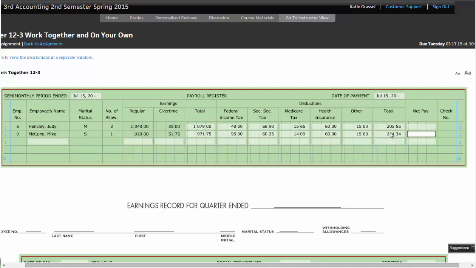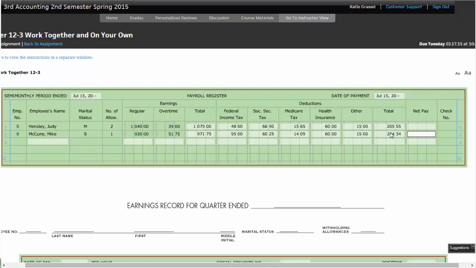I have one more column left to do. Devin, how am I going to calculate my last column? Okay, but instead of just saying total and total, I'm going to put in my calculator first my earnings total of $1,079, and I'm going to subtract what, Devin?